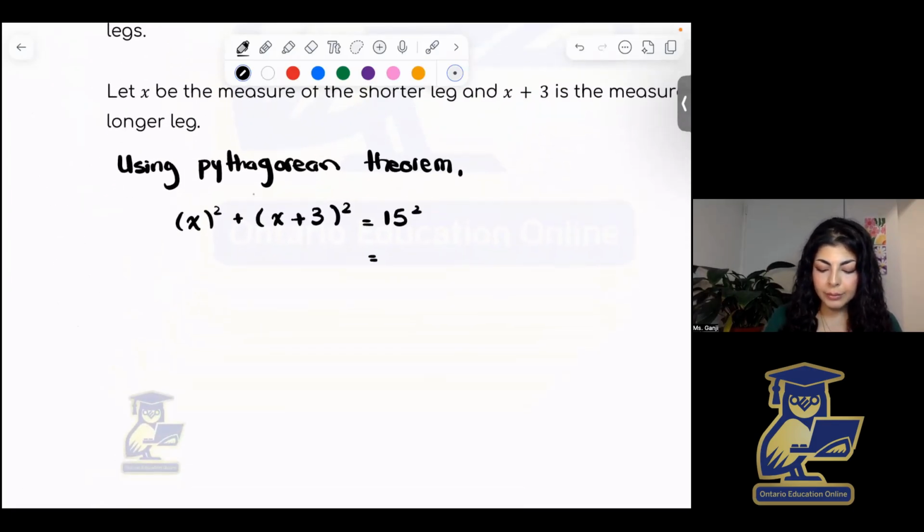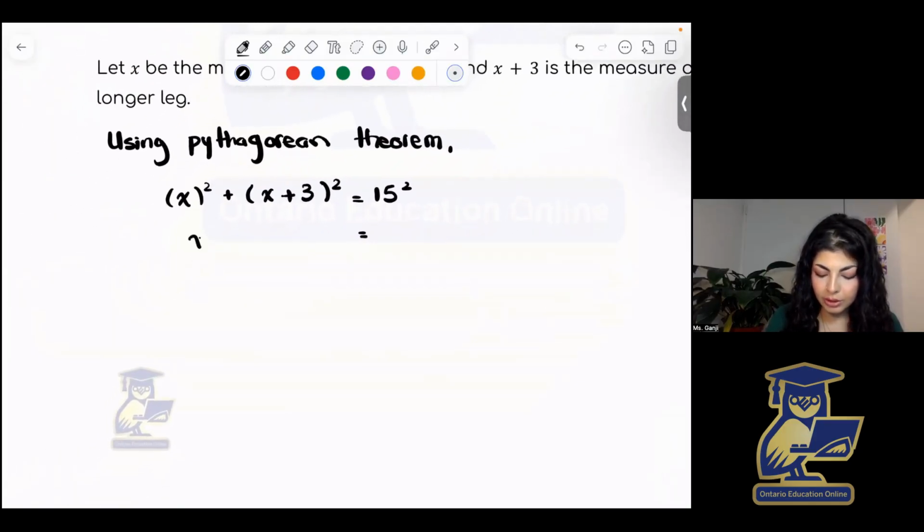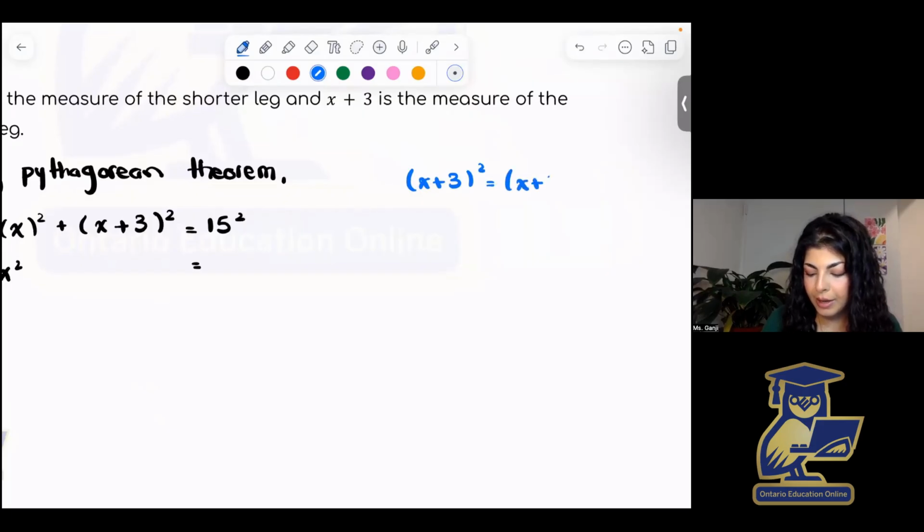Now, I do have to simplify my left-hand side first, so this is just x squared. And remember, x plus 3 squared is really x plus 3 times x plus 3.